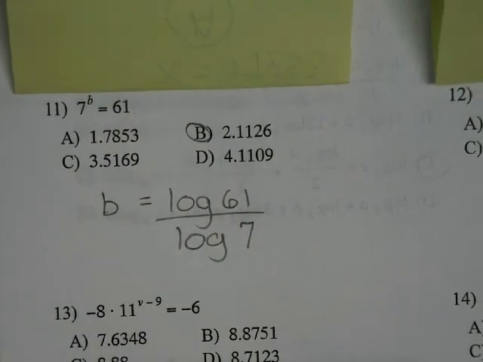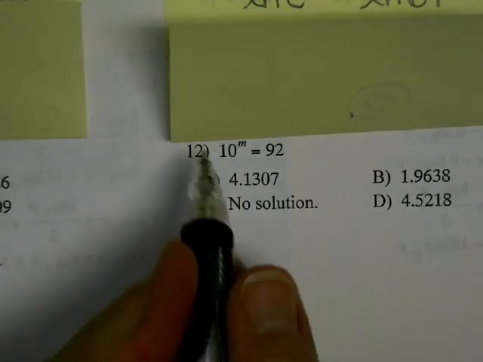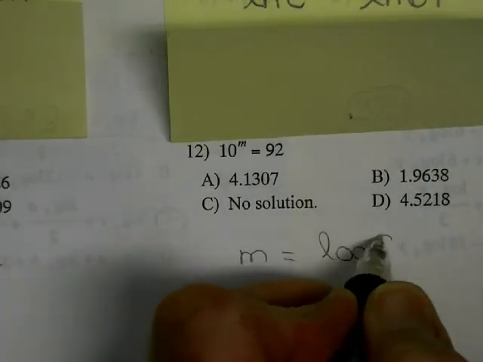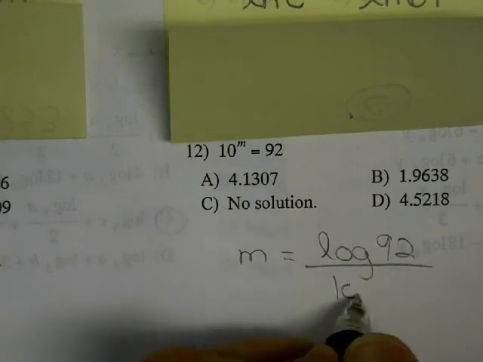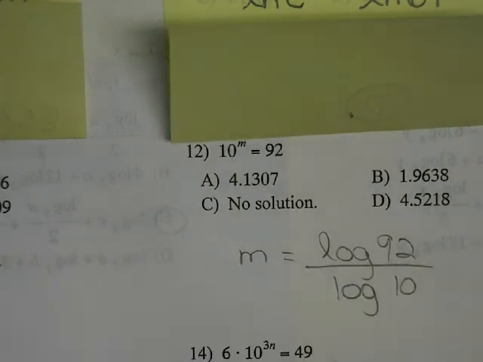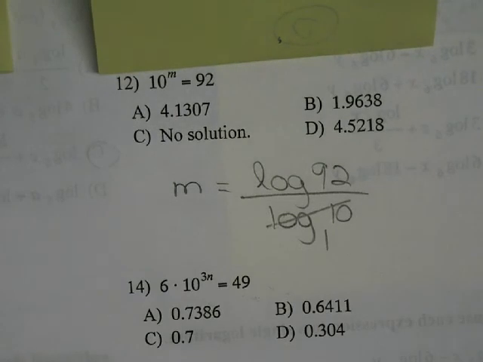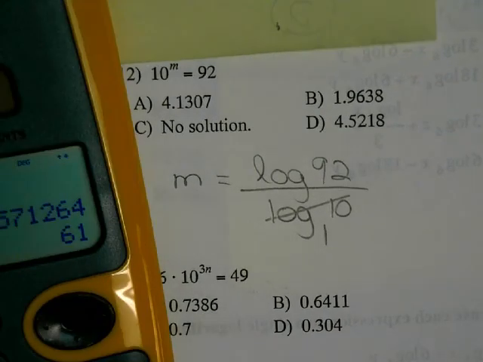So these first 4 are just a log of the result over the log of the original base. So those will go quickly. M is the log of 92 over the log of 10. And remember, that's just 1.